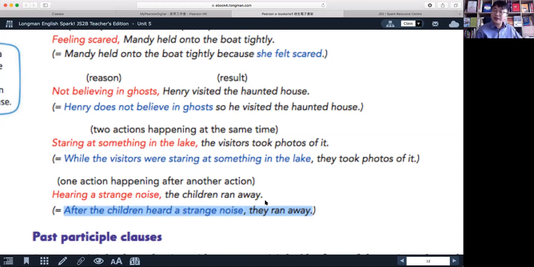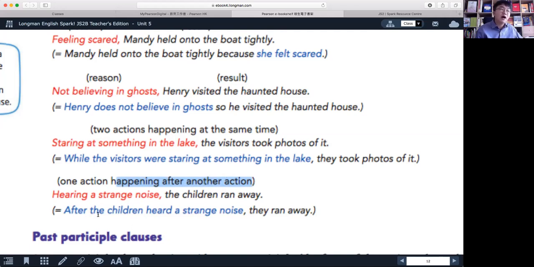Or are these two things happening at the same time? No. Can you see the word after here? After means that there is a sequence. There is one action happening after another action. So this is the last purpose. We can use participle clause to describe one action happening after another action.